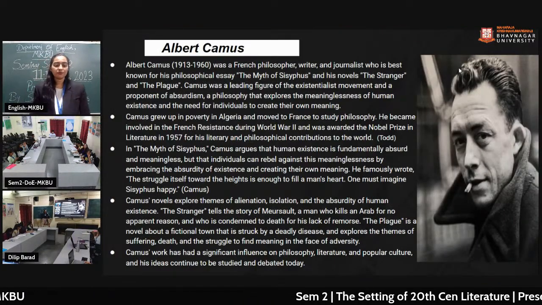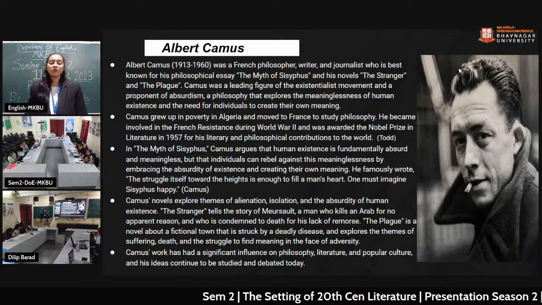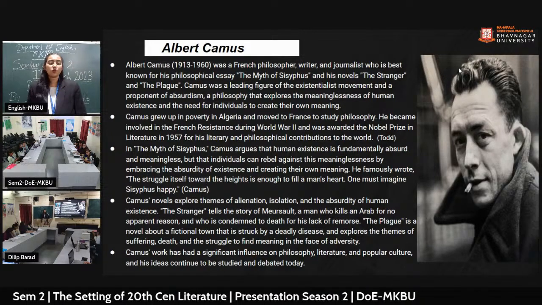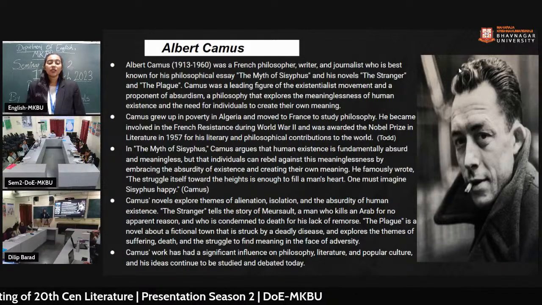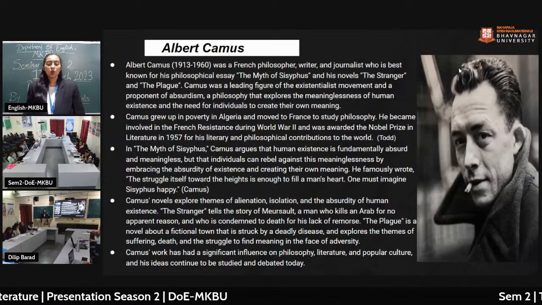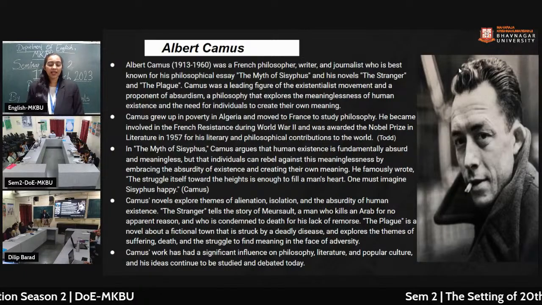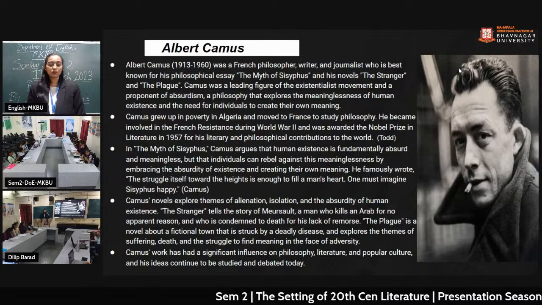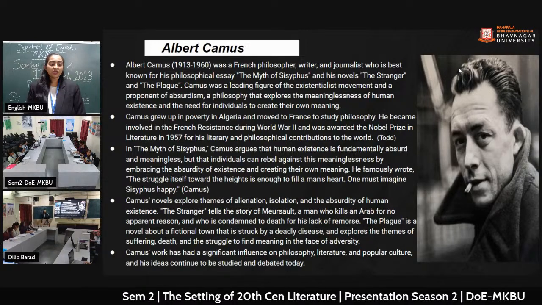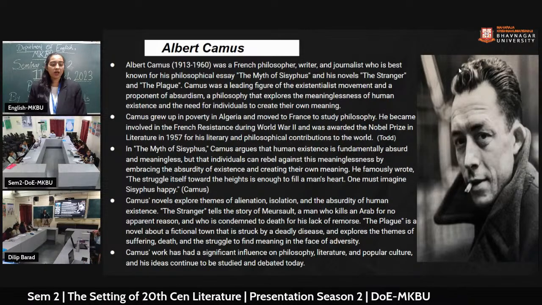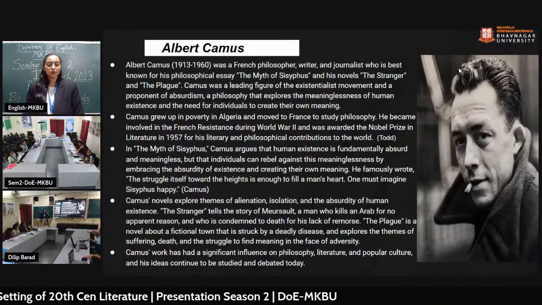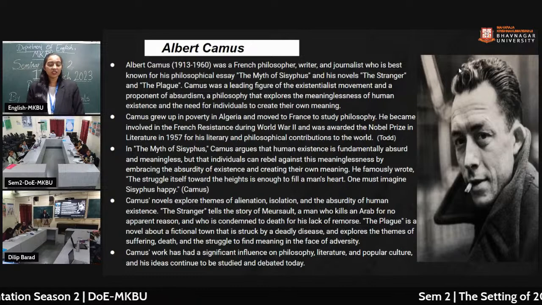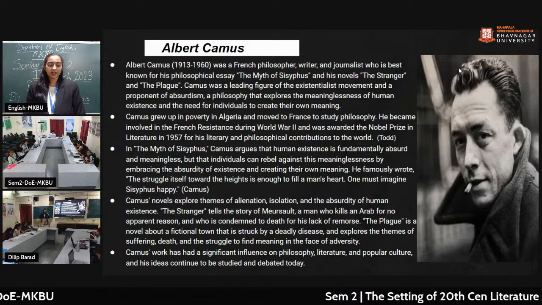Albert Camus. Albert Camus was a French philosopher, writer, and journalist who is best known for his philosophical essay, The Myth of Sisyphus, and his novels, The Stranger and The Plague. Camus was a leading figure of the existentialist movement and a proponent of absurdism, a philosophy that explores the meaninglessness of human existence and the need for individuals to create their own meaning.